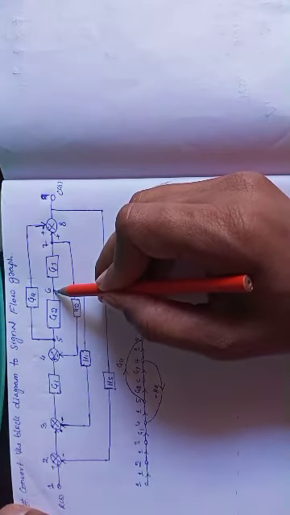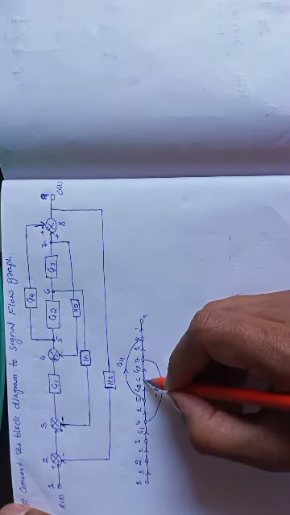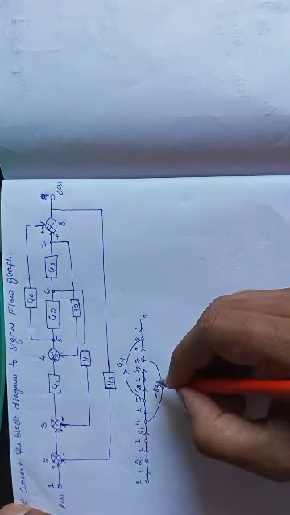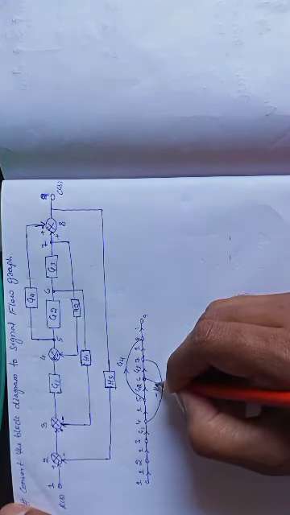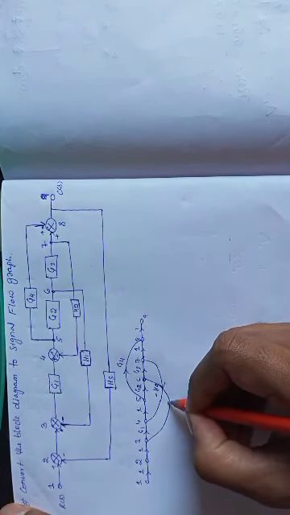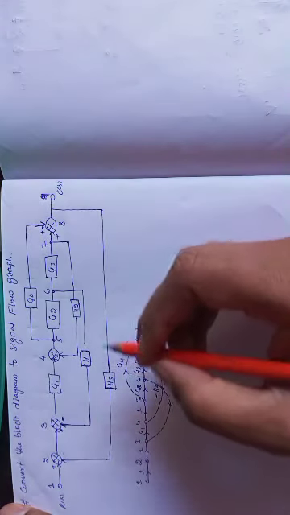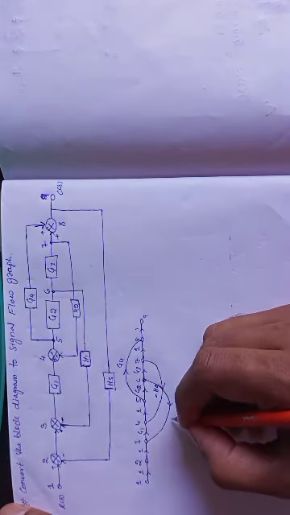And next is from 6 to 3, I draw here 6 to 3, one more feedback, again it is negative, and that is minus H1.